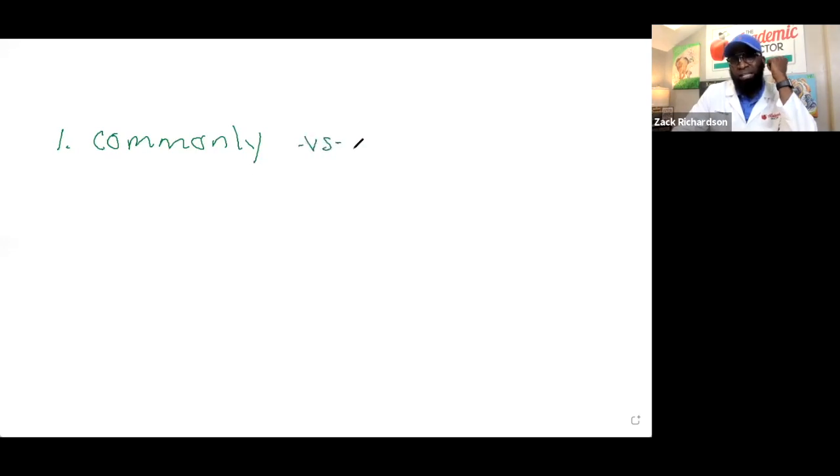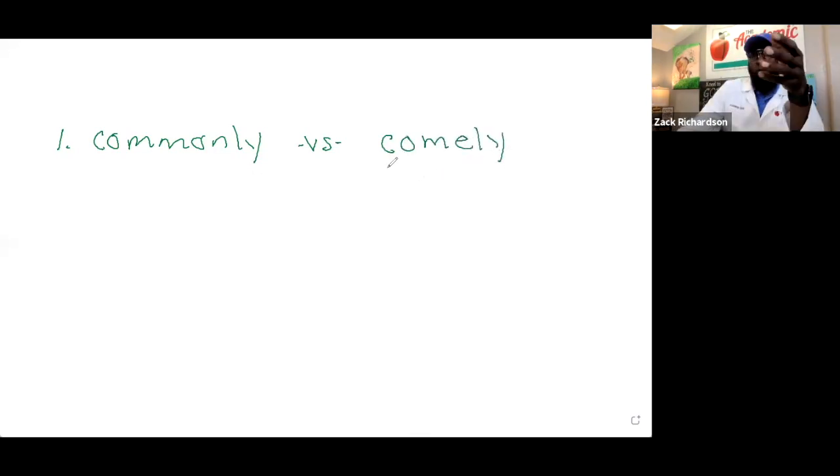The first word that we want to talk about is the word commonly. And you say, well, I don't get it. Commonly, how is that confused with any other word? It's commonly. Well, there's another word that 99% of us, and I say people of tan complexion, don't know, which is the word comely, C-O-M-E-L-Y. Now, normally we've been taught with the E, drop the E, add the L-Y.